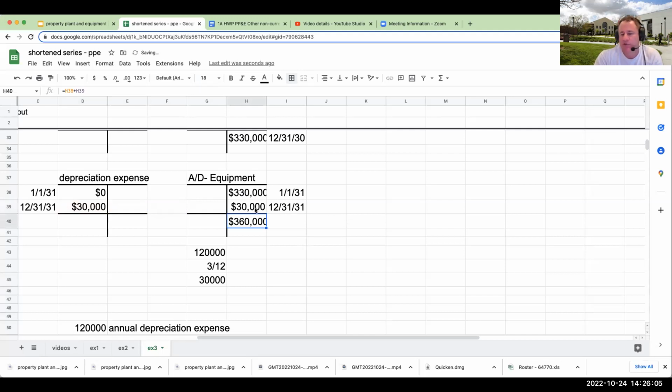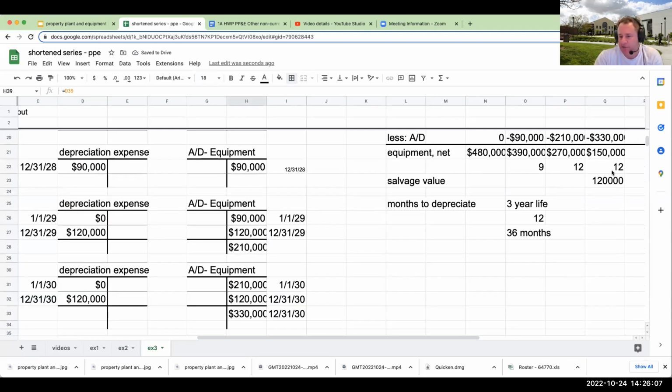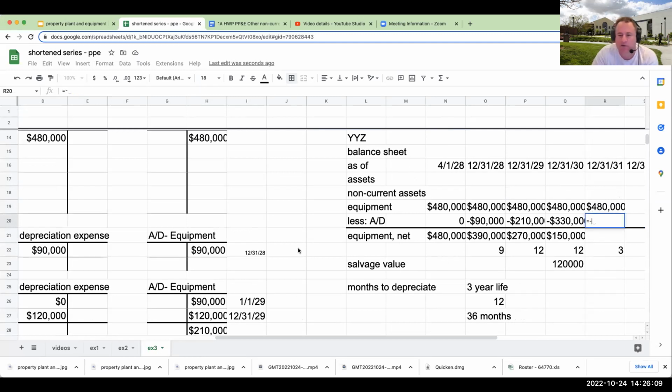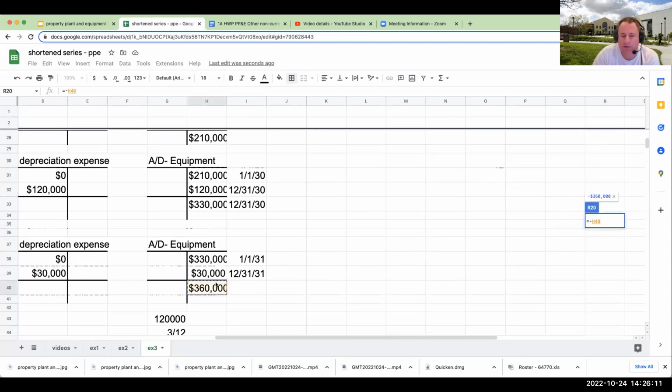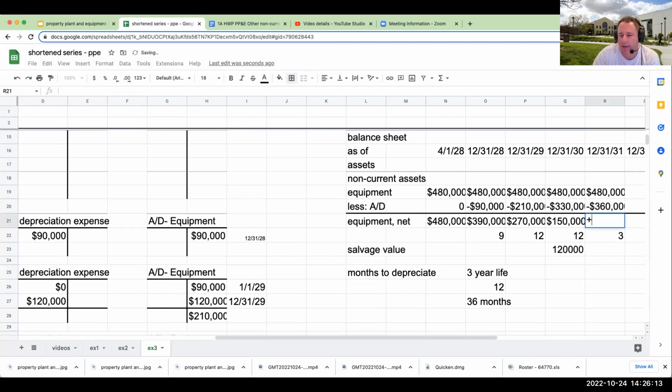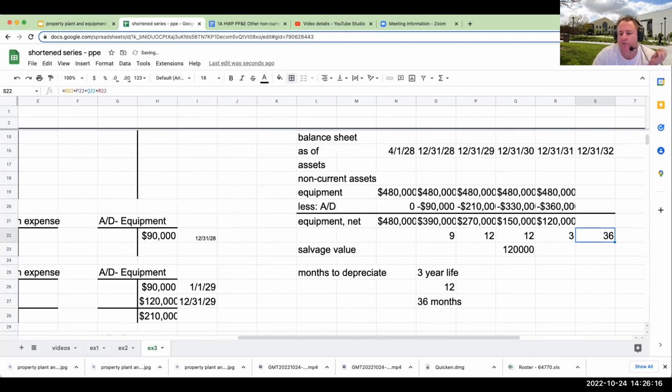If I only depreciate by 3 months, look what happens. My ending equipment value is my salvage value, and I have to stop. Even if I'm continuing to use the equipment, I can never go beyond salvage value in terms of my net book value. This is something that's very, very important to remember as you're doing these types of questions.